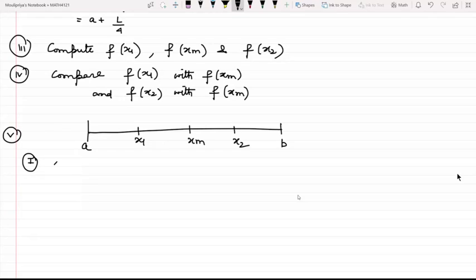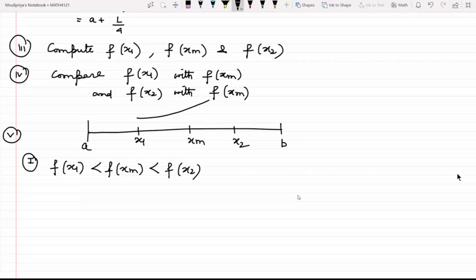If it so happens that f(x1) is less than f(xm) is less than f(x2), that implies this function is increasing, like this.